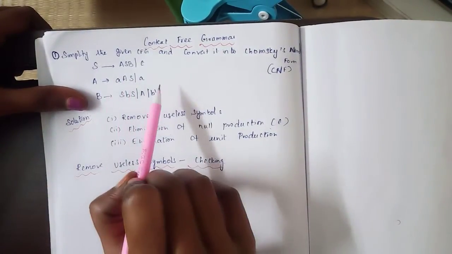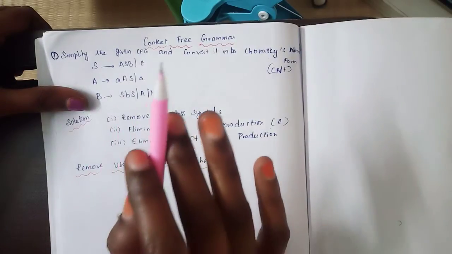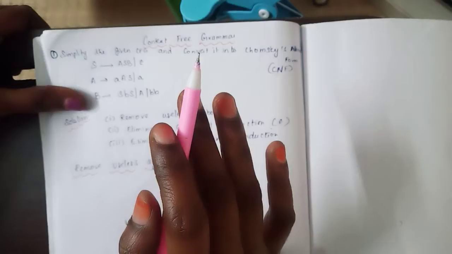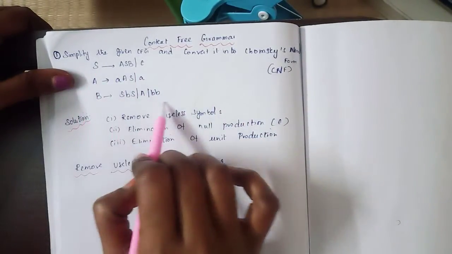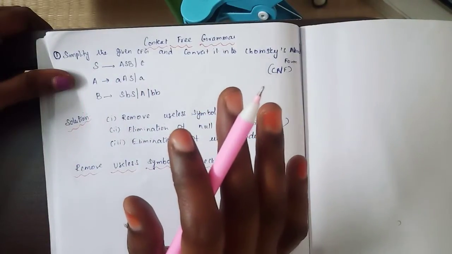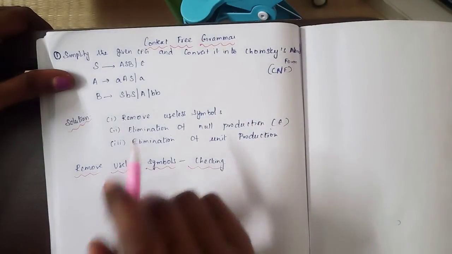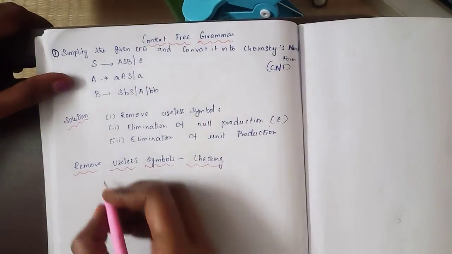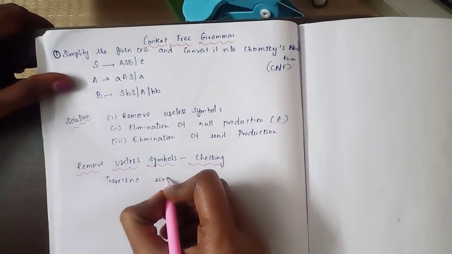So it is said to be a normal grammar in which we cannot remove any useless symbols. Here all the three productions are mandatory for the grammar to be in a simplified form. So there is no useless symbol.